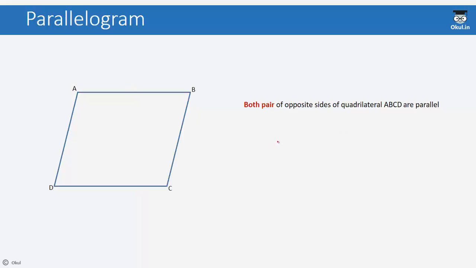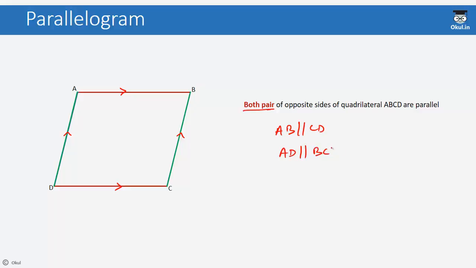The next type of quadrilateral is a parallelogram. The condition for a quadrilateral to be a parallelogram is both pairs of opposite sides of quadrilateral ABCD are parallel. That is, AB is parallel to CD and AD is parallel to CB. Therefore, the condition for a quadrilateral to be a parallelogram is that AB is parallel to CD and AD is parallel to BC.